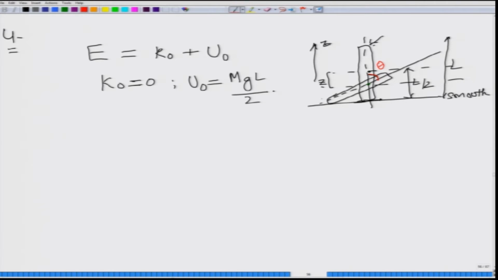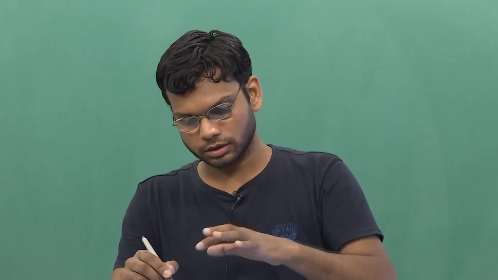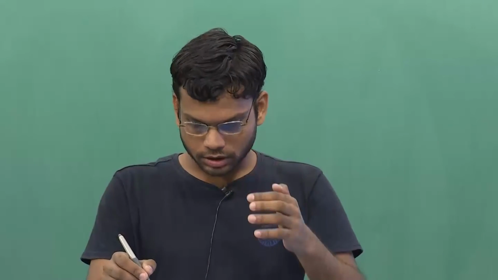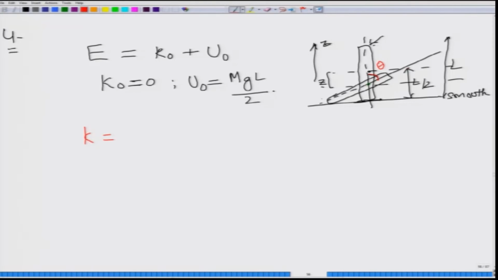Theta is the angle. After some time, at a later time, this kinetic energy is because of two motions: rotation of this rod with respect to its center of mass, and its translation from the height L by 2 to some height L by 2 minus z.